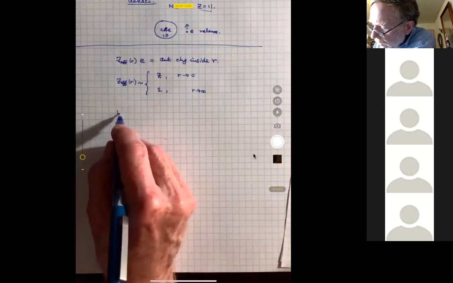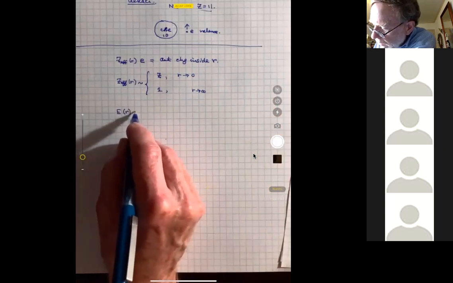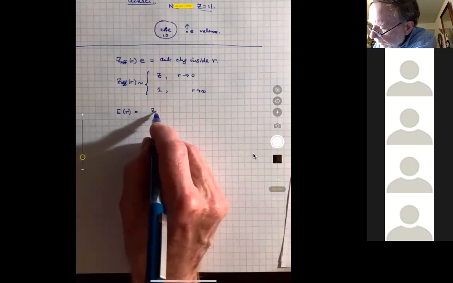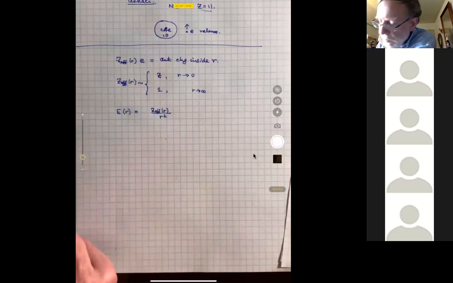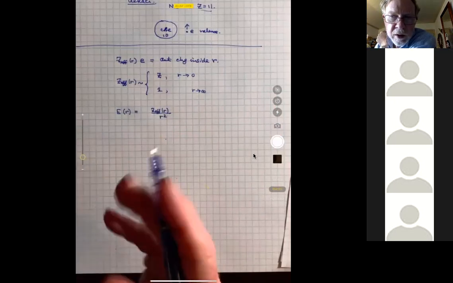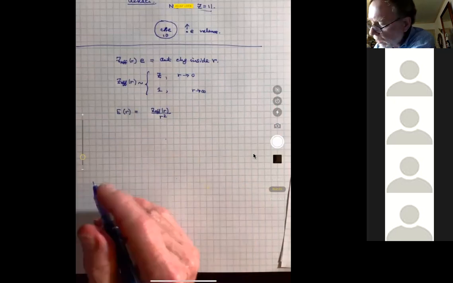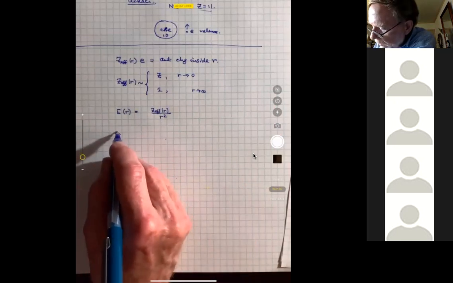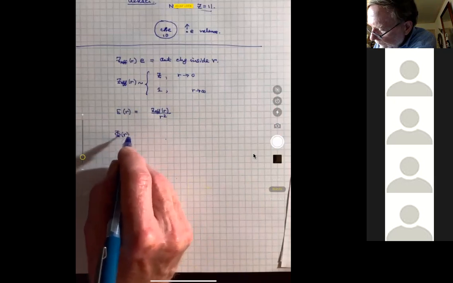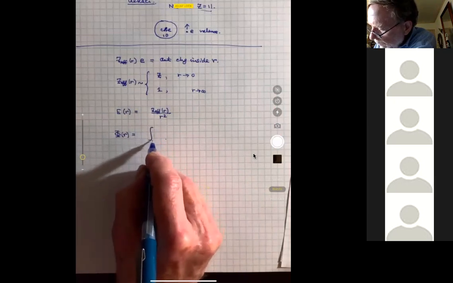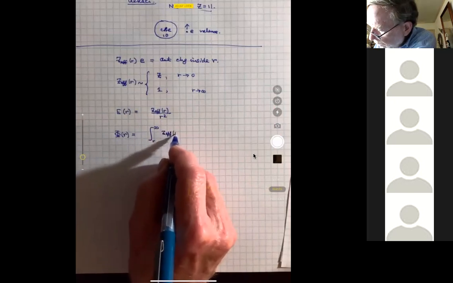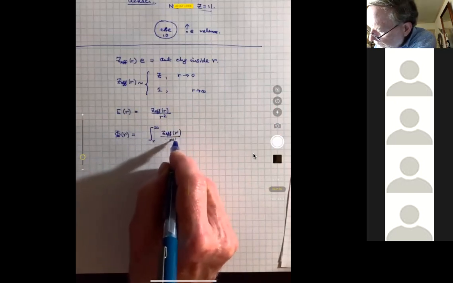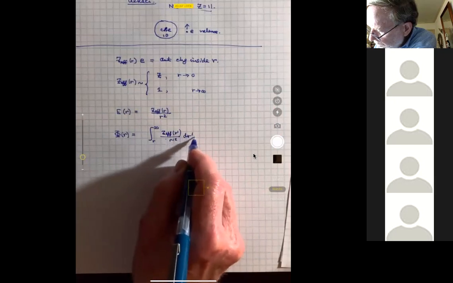Now, by Gauss's law, the electric field at a given radius r, assuming it's radial, is equal to Z effective of r divided by r squared, because the charge outside radius r doesn't contribute, as you know from using Gauss's law. And this means that the potential phi of r is given by the integral from r to infinity of Z effective of r' over r' squared dr'.